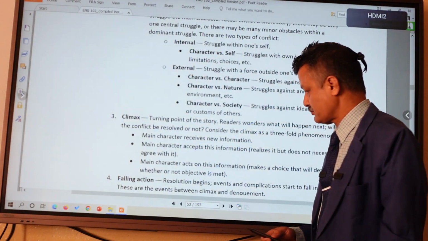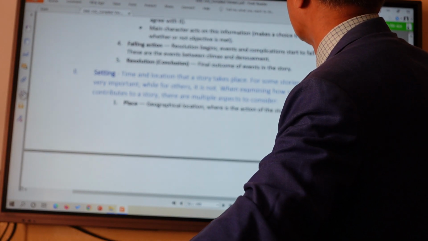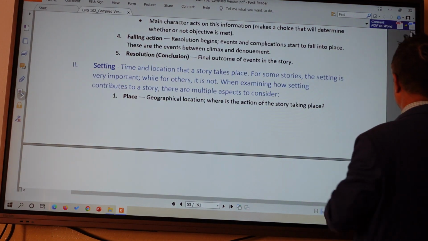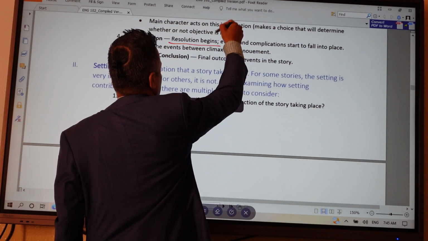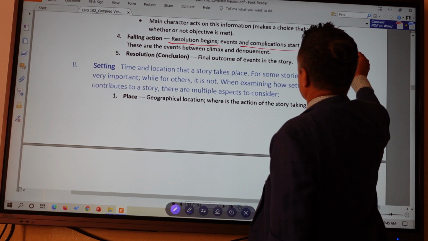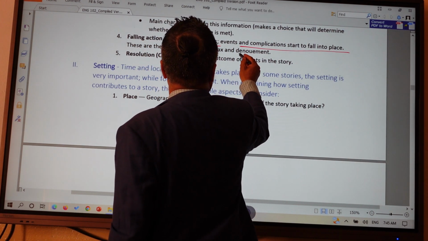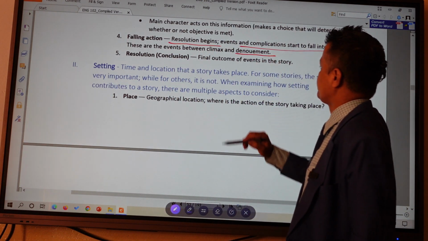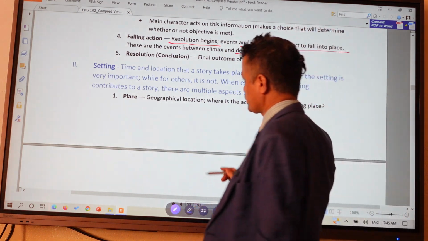Okay. So following action, solution, right? Things get sorted out. That is called, there is a technical word, denouement. Denouement means resolution, solution of problems.